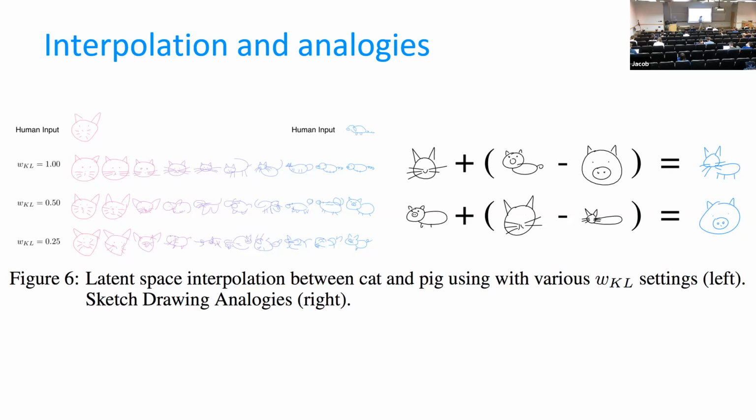So you can add body parts by doing this latent space arithmetic. Similarly, we can take a full pig, add a cat head and subtract a full cat. Cat head minus full cat, I'm guessing, is like a negative body. And sure enough, that deletes the body from the pig. So, kind of interesting experiments.